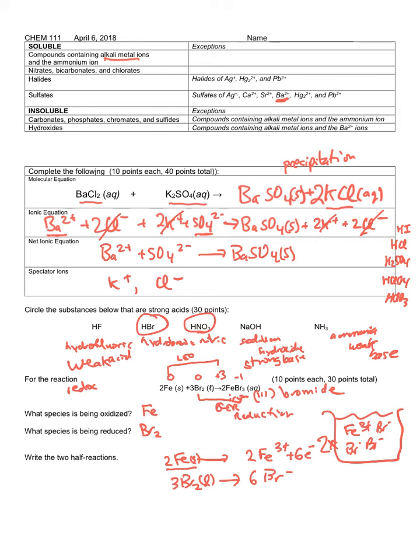The second half reaction, we've got 3 Br2 making 6 bromides. So we're neutral on the reactant side. We've got -6 on the product side. And so to balance this, we need to add 6 electrons to the reactant side, the left-hand side.